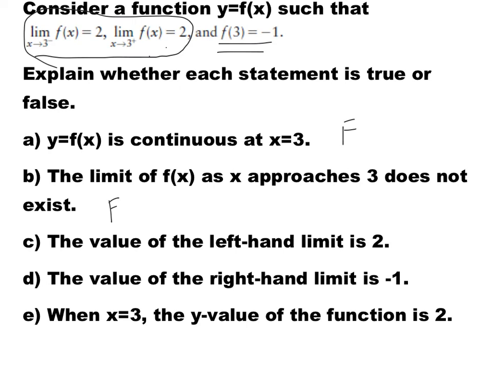The third one, the value of the left hand limit is 2, which is here, which is correct. So this is true. The next one, the value of the right hand limit is -1, which is incorrect because the value is 2.